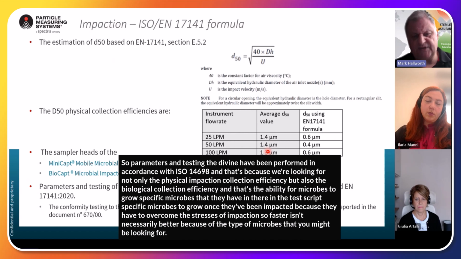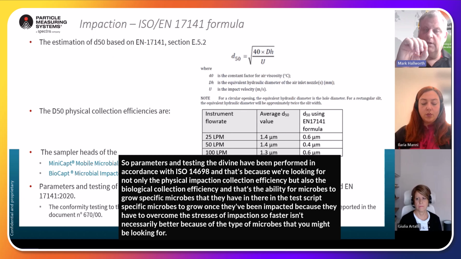So parameters and testing the design have been performed in accordance with ISO 14698, and that's because we're looking for not only the physical impaction collection efficiency, but also the biological collection efficiency, and that's the ability for microbes to grow, specific microbes that they have in the test script, to grow once they've been impacted, because they have to overcome the stresses of impaction.